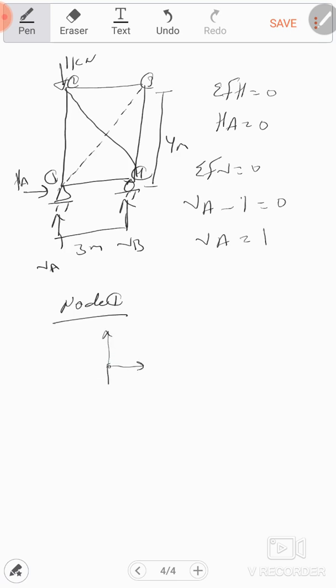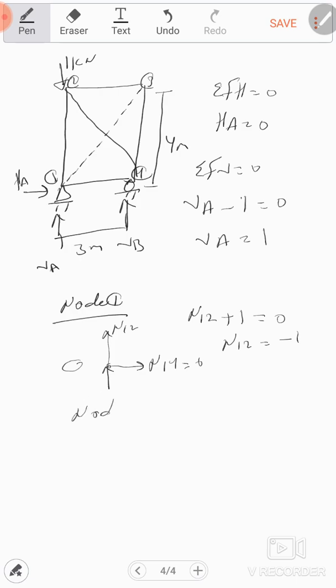We have only the reaction and the internal forces. N14 is 0 because we don't have any horizontal force in this part, and we have only N12. So this is easy, just direct solution. Plus 1 equals 0 and N12 equal minus 1.